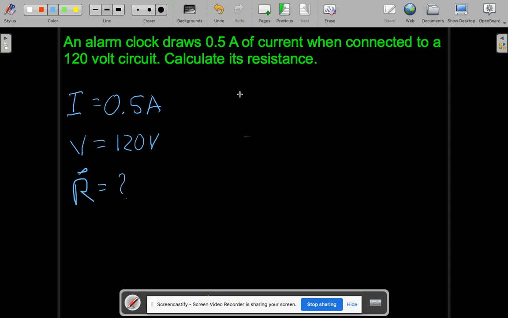So V equals I times R. So our voltage is 120 equals I, which is 0.5 times R. So now in this problem, we're going to divide both sides by 0.5.